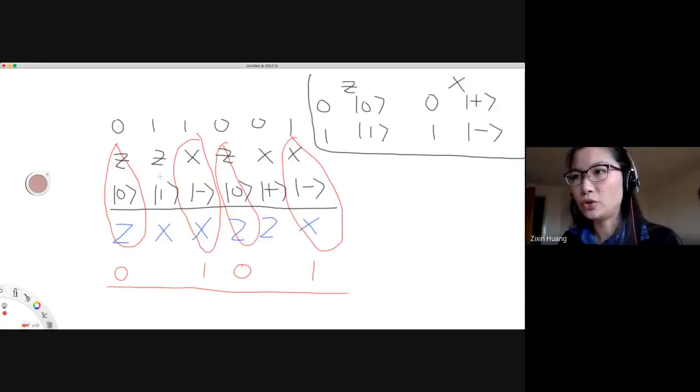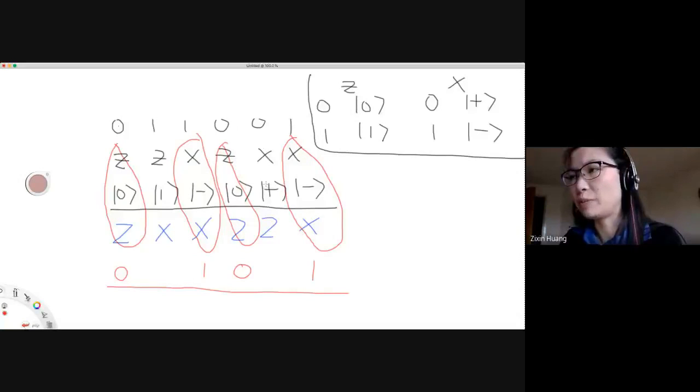So why did they choose to chuck away these ones? It's because if Alice has sent a state 1 and Bob has measured an X, it means that Bob has no idea what Alice has prepared in. And same goes for this.